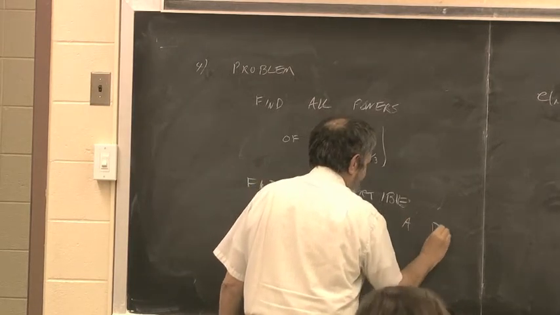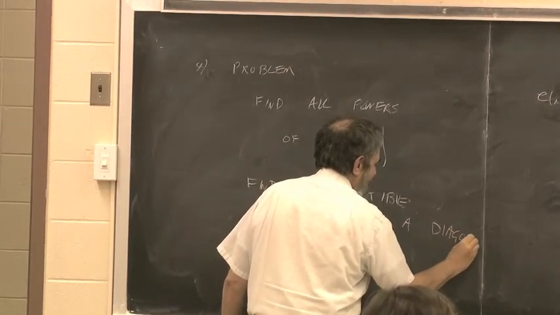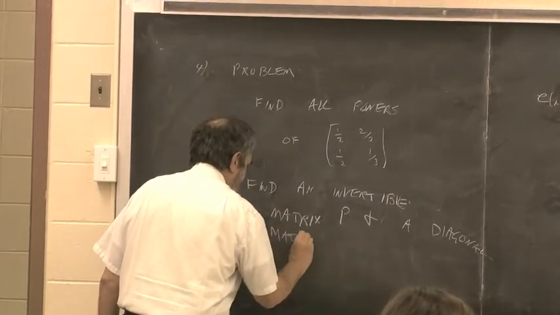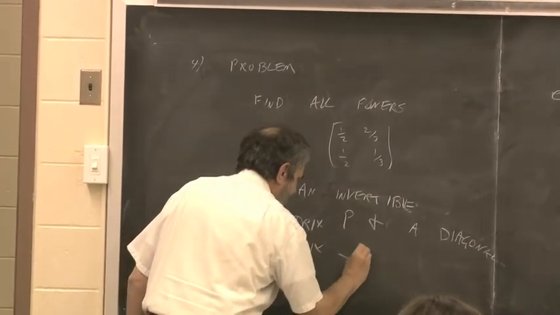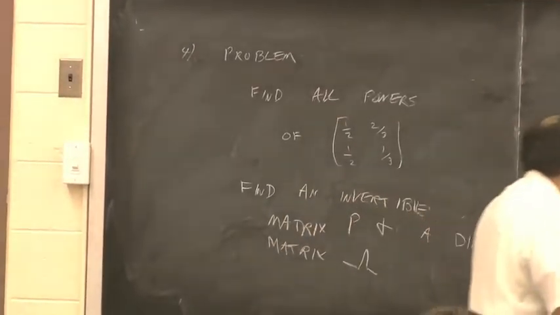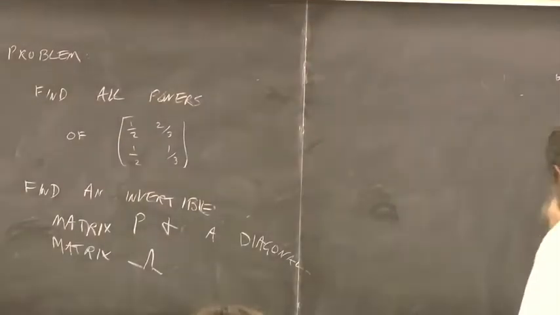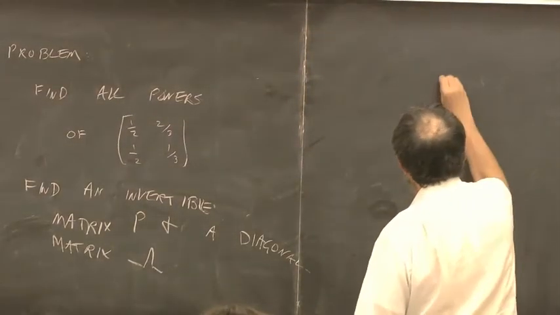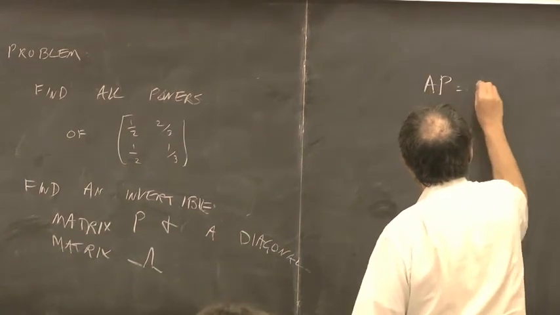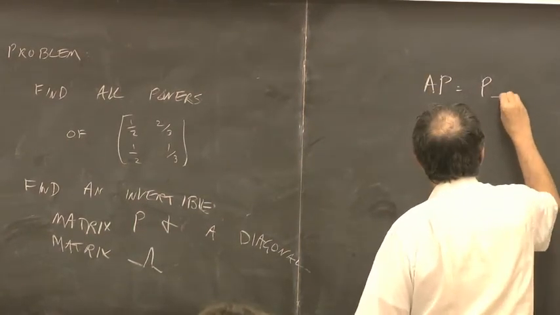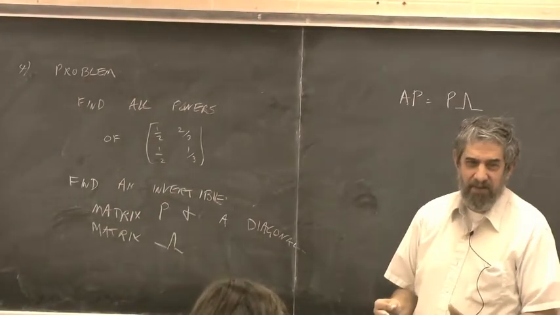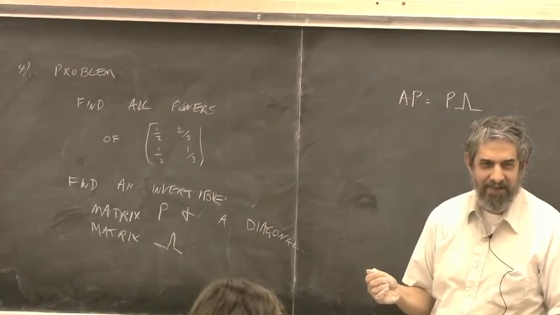We could use D, but we've used D up too much already. Diagonal matrix, let's say lambda. Okay, so let me tell you what we want, such that if we do A times P, it's the same as P times lambda. Let's see what that means and why it's good and how we get it.